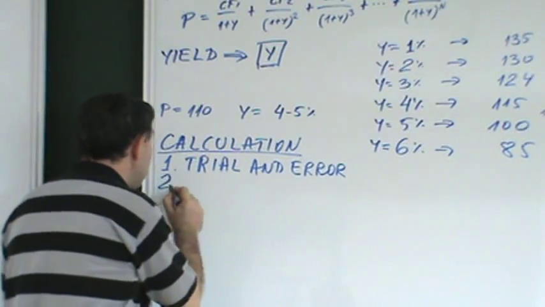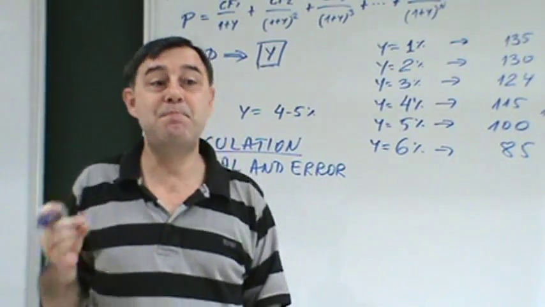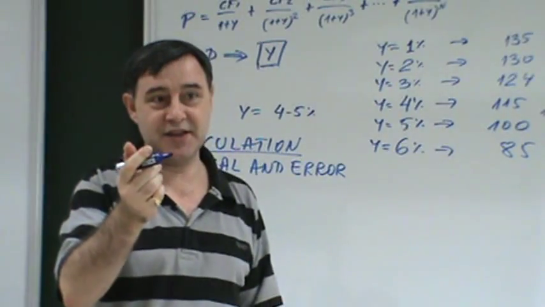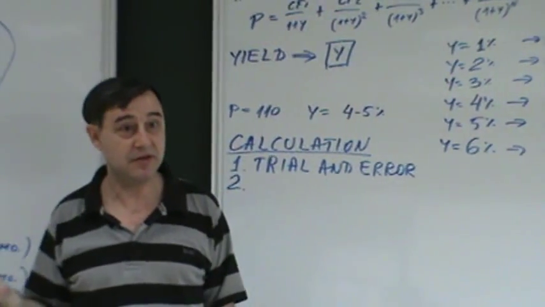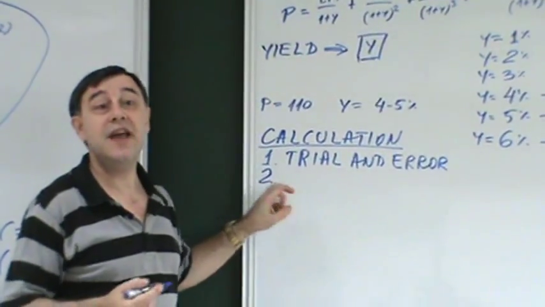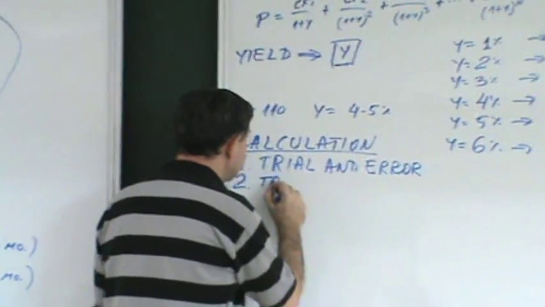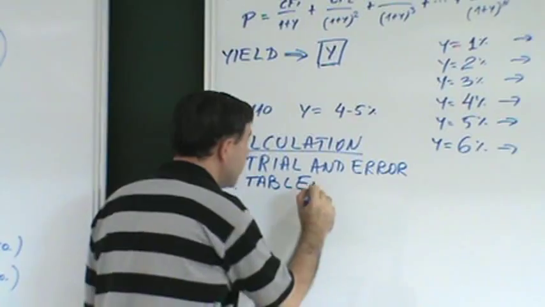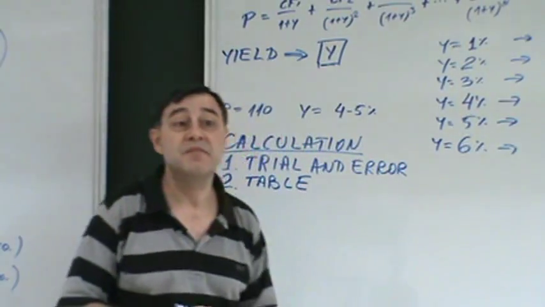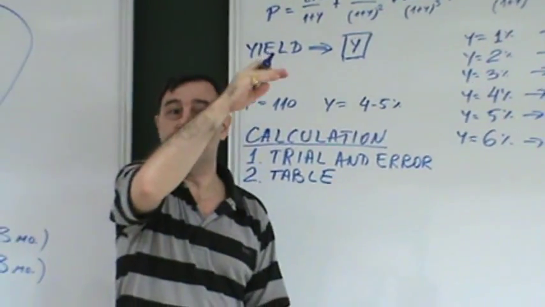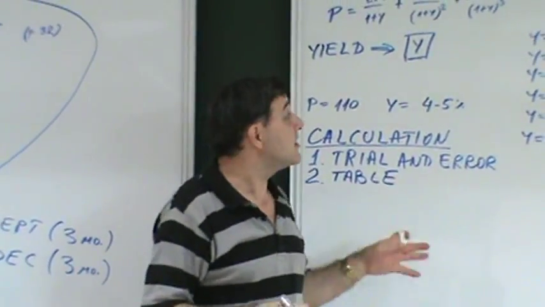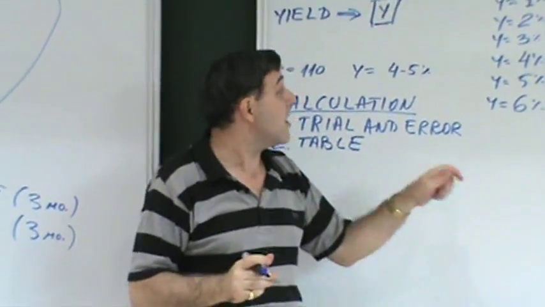You just say, well, there are other ways. Back in the good old days, when finance was real, okay, they used tables. You have a table, you have the coupon, you have the maturity, and the table gives you a simple reference.